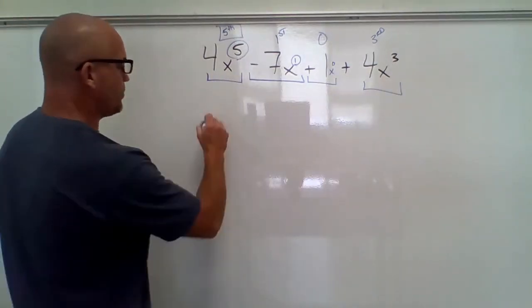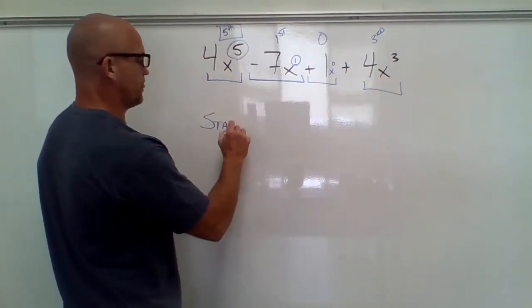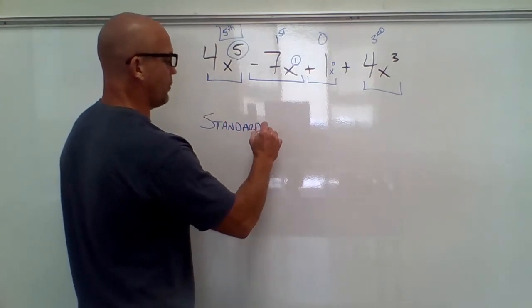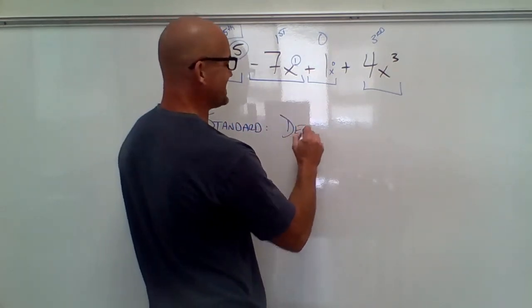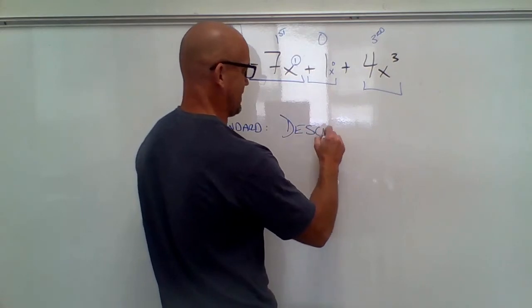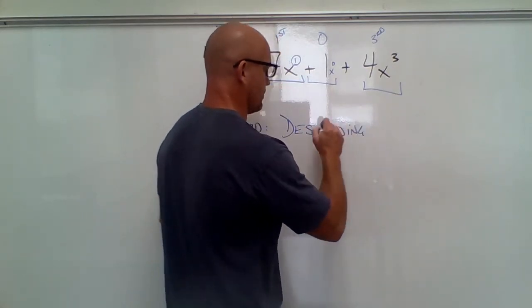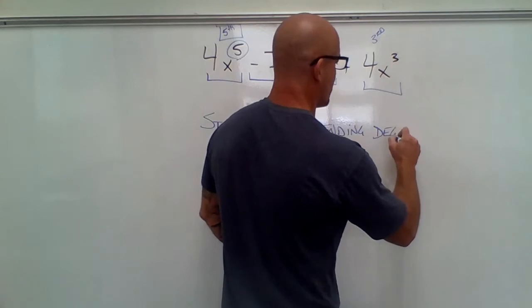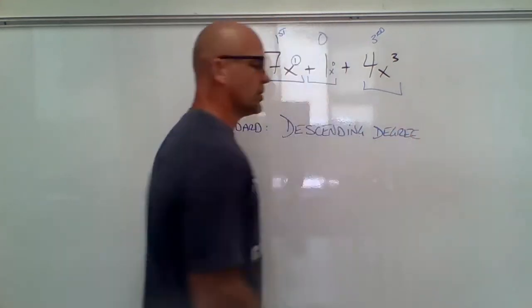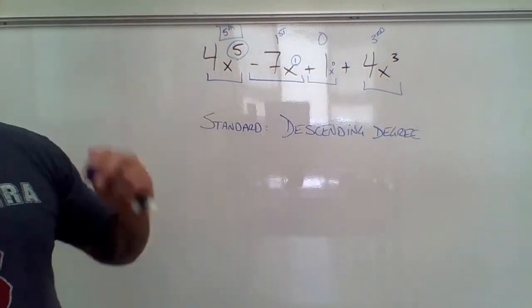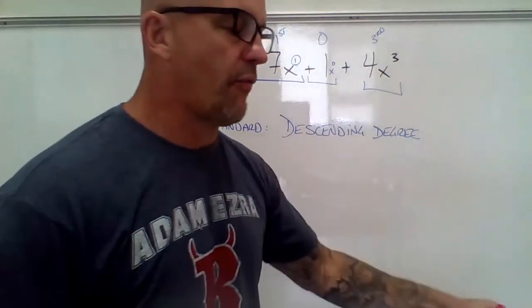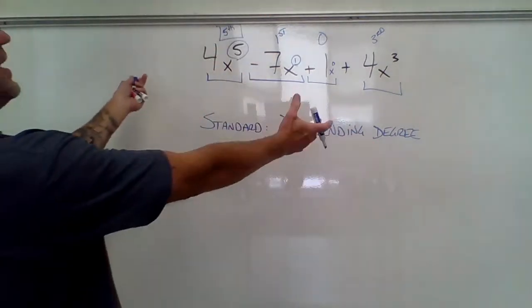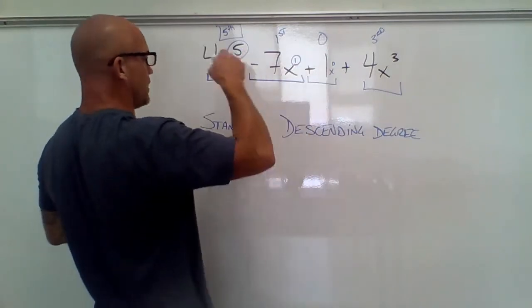Additionally, if I want to put this in standard form, what I will do is put it in descending degree form. Meaning, I will reorder the terms in that polynomial to be in descending degree form. The highest degree in here was the 5th.